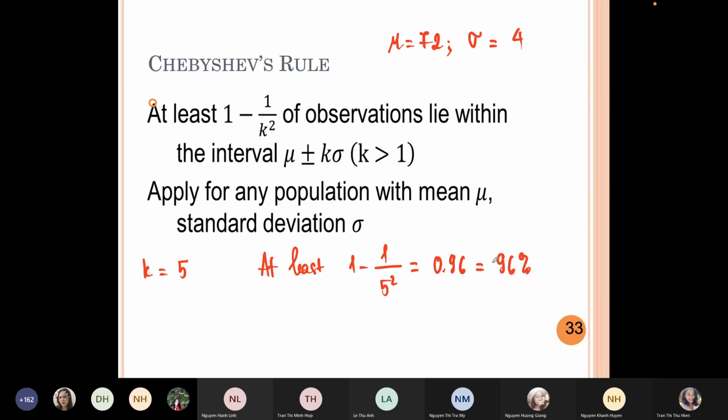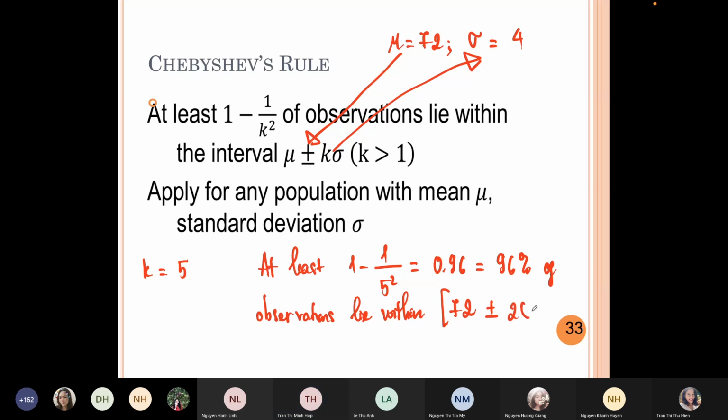Có ít nhất là 96% của tất cả các cái giá trị of observations nằm trong khoảng từ bao nhiêu đến bao nhiêu ạ? 72 cộng trừ bao nhiêu?